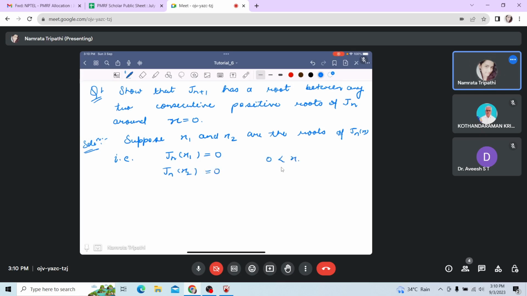These are consecutive positive roots, so these are greater than 0 and one is less than the other. We can also write as, is it okay?